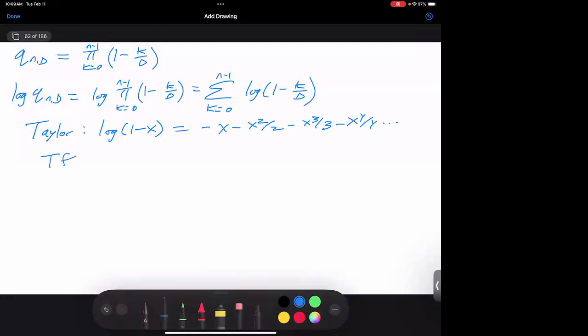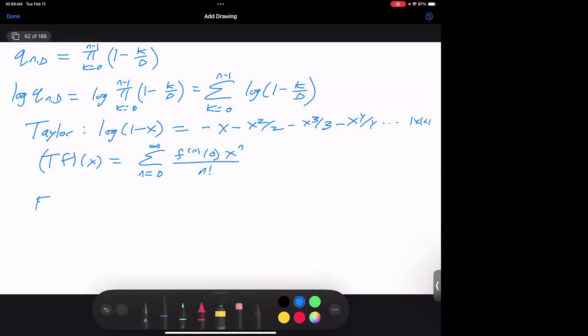And in general, the Taylor series of f at 0 is going to be the sum of the nth derivative at 0, x to the n over n factorial, n goes from 0 to infinity. And then it's a big question as to when does the Taylor series converge? The expansion we have above will be absolutely fine for the absolute value of x less than 1.